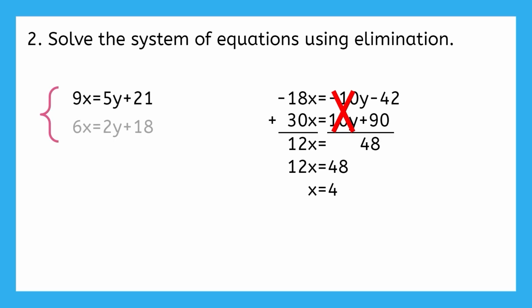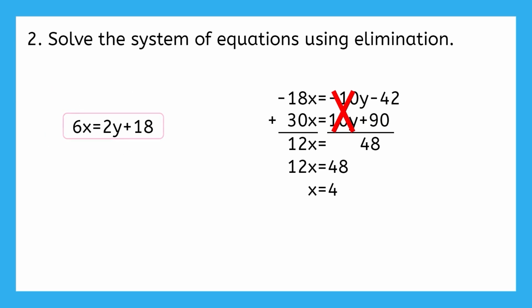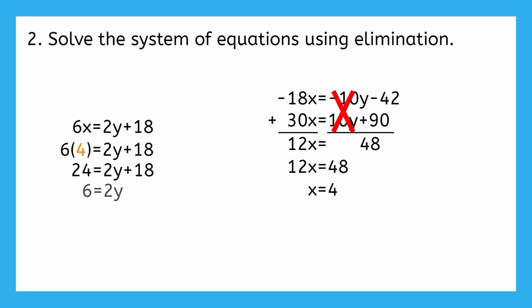The original ones and the ones we created. Any of these equations will work, but I like working with small numbers when I can, so I'll use this equation. I can take 4 and substitute it for x and solve to get that y is 3. This gives us a final answer of 4, 3.